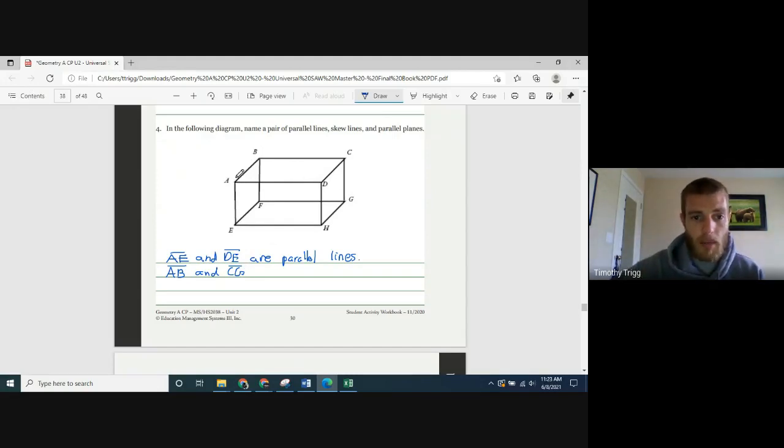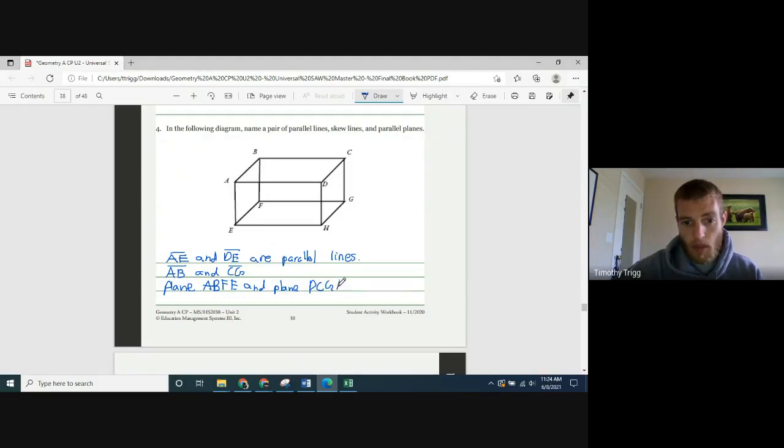So how would I name this plane on the left? A, B, F, E. So plane ABFE. So that's the left one. And plane DCGH.